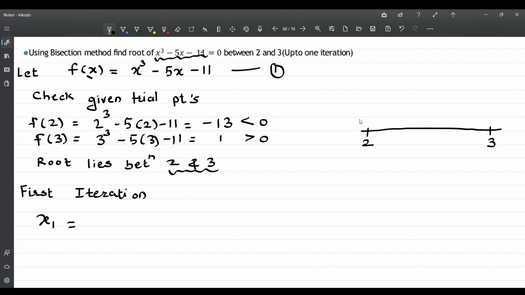F of 2 is negative and f of 3 is positive. Now we have to find x1, the midpoint of these 2 points, and this will be 2 plus 3 divided by 2. 2 plus 3 is 5, divided by 2, that is 2.5. So our first iteration is x1 is equal to 2.5. This type of example is also for 2 marks in the MSBTE exam.